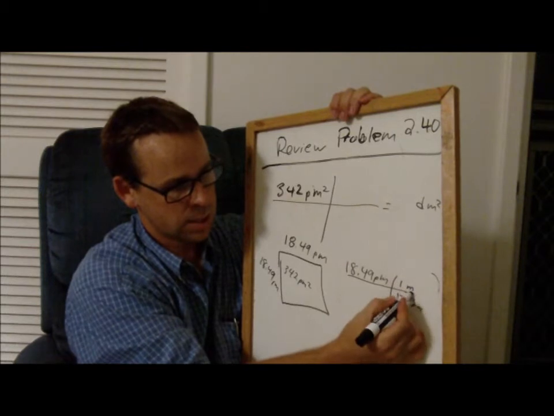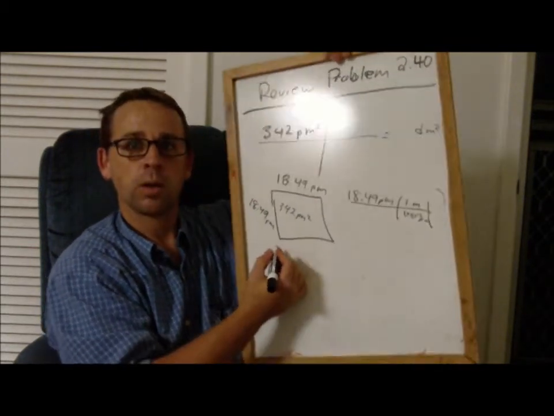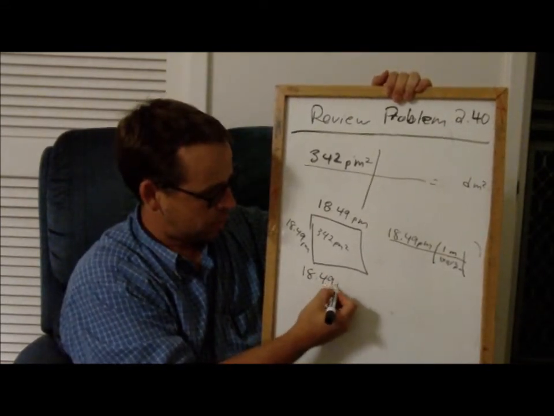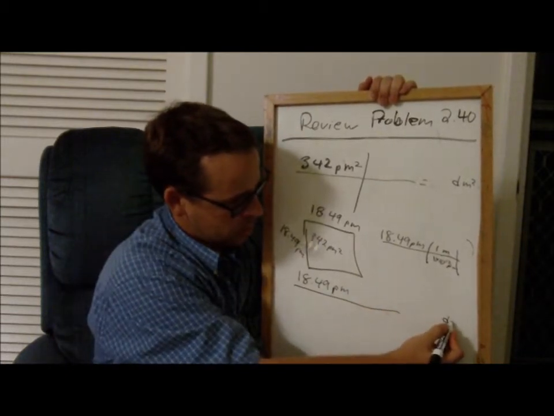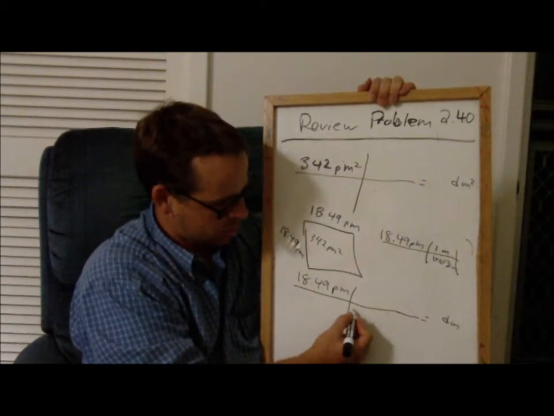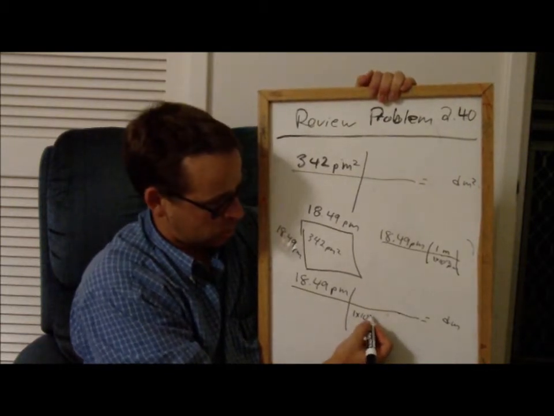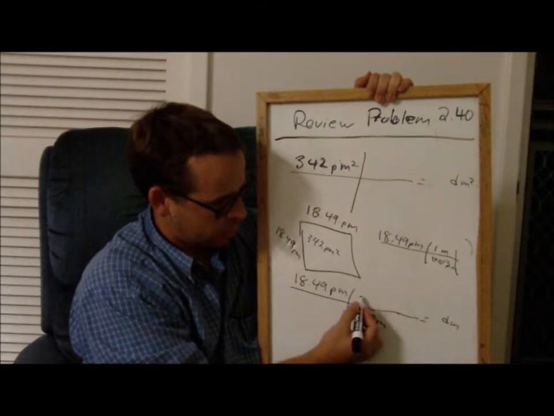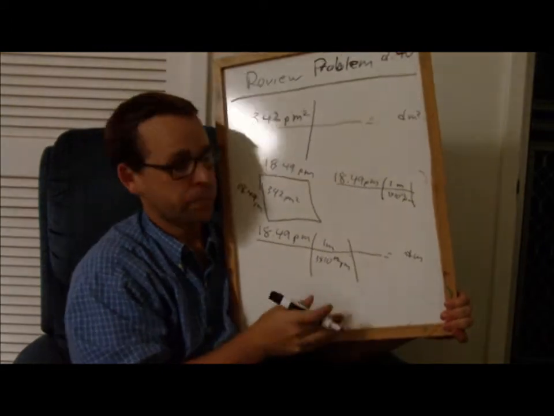If we wanted to take that into decimeters, let's try this again over here. 18.49 picometers. We're eventually going to get to decimeters here, right? Picometers to meters, 1 times 10 to the 12th picometers for every 1 meter, right?